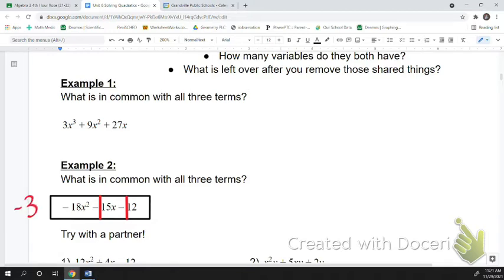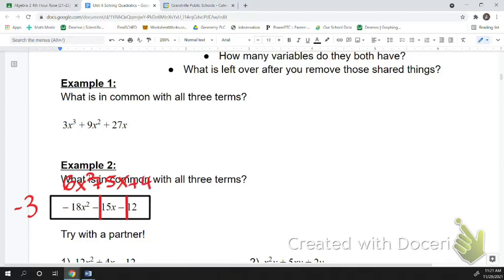Negative 3 times what gets me negative 18x squared? 6x squared. Negative 3 times what gets me negative 15x? Positive 5x. Negative 3 times what gets me negative 12?